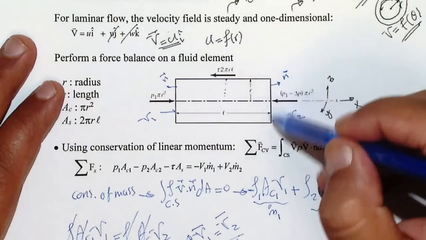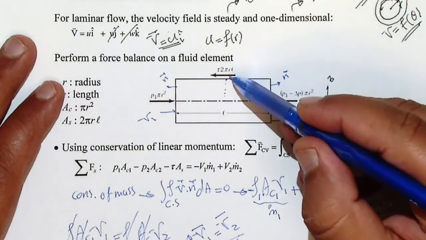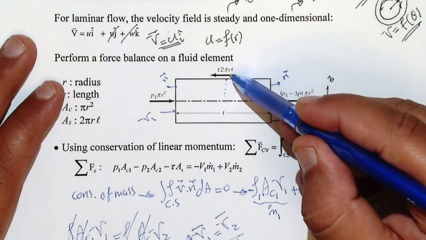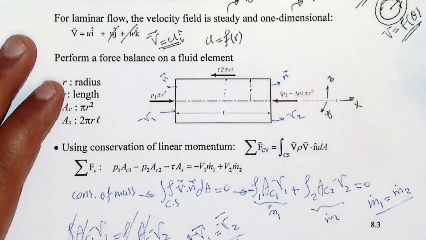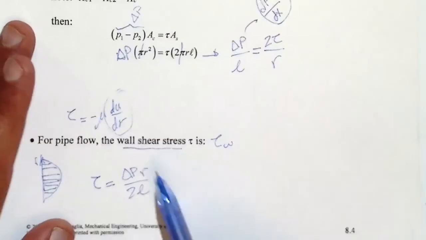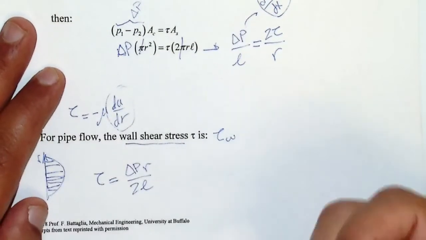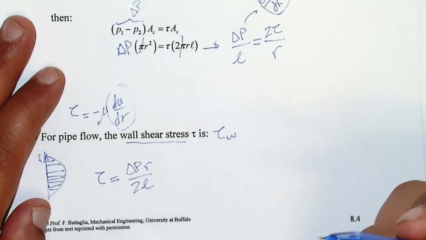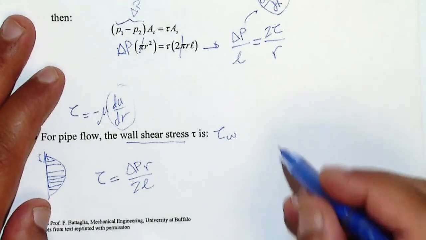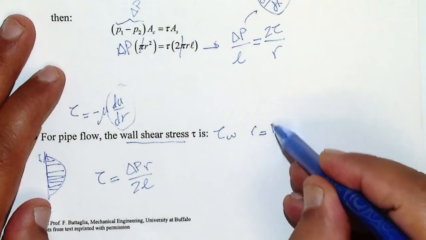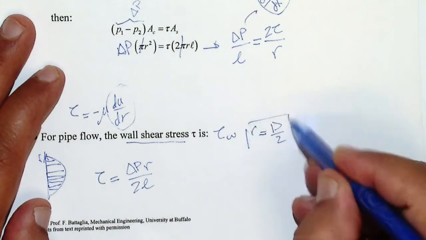Since we found out that it's an element, then you will have a velocity here, and you will only need the tau here. That's why we only take care of the wall shear stress when we need that. So if you want to find out the wall shear stress, we have to put R equal d over 2, right?